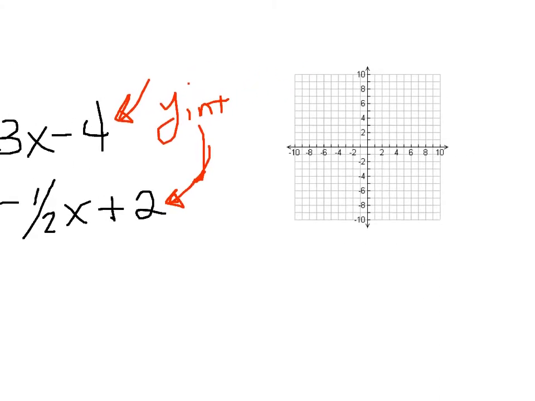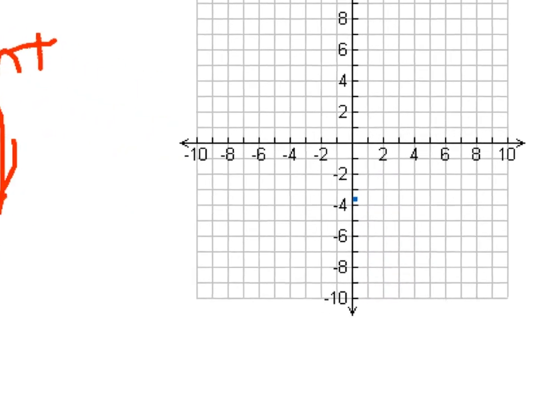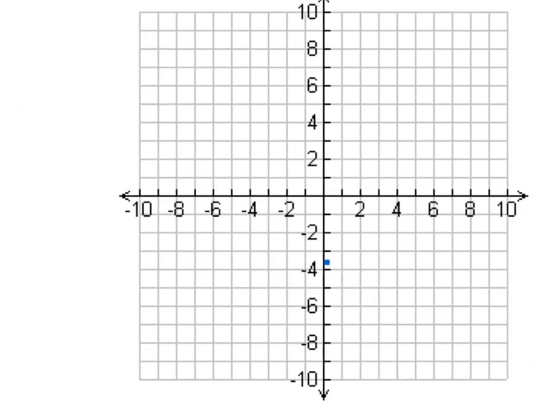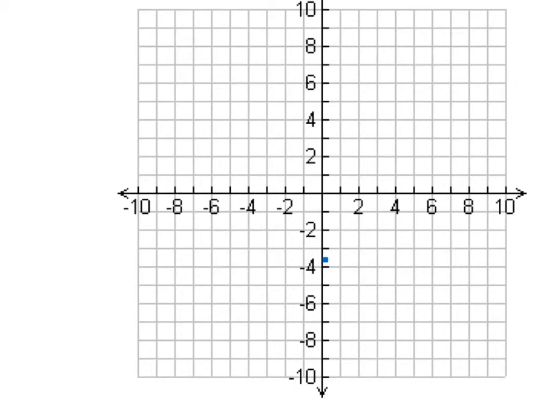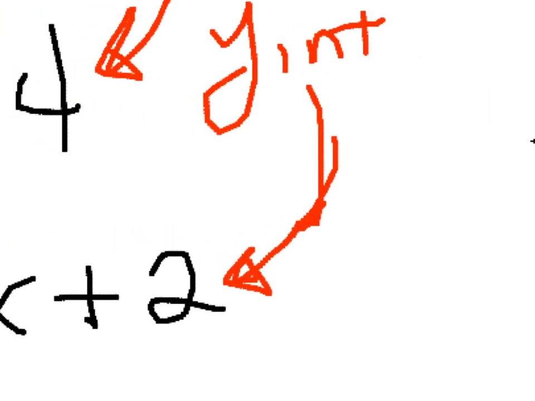If the first line has a y-intercept of negative 4, I go to negative 4 on the y-axis. And then the other one had a y-intercept of 2. So I get my y-intercepts going on for both of those graphs.